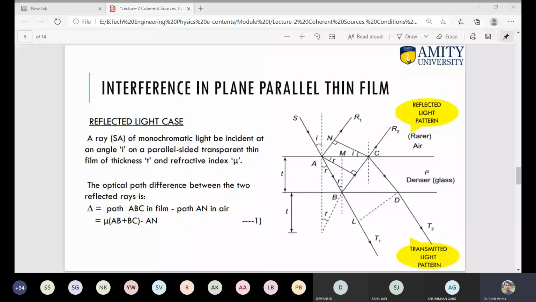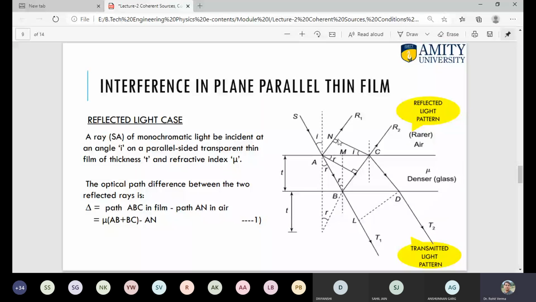So I was explaining this phenomenon of interference in plane parallel thin films. You must have seen that if there is an oil droplet on the surface of water, and you view that oil droplet at various angles, then you see colored fringes, a band of different colors.